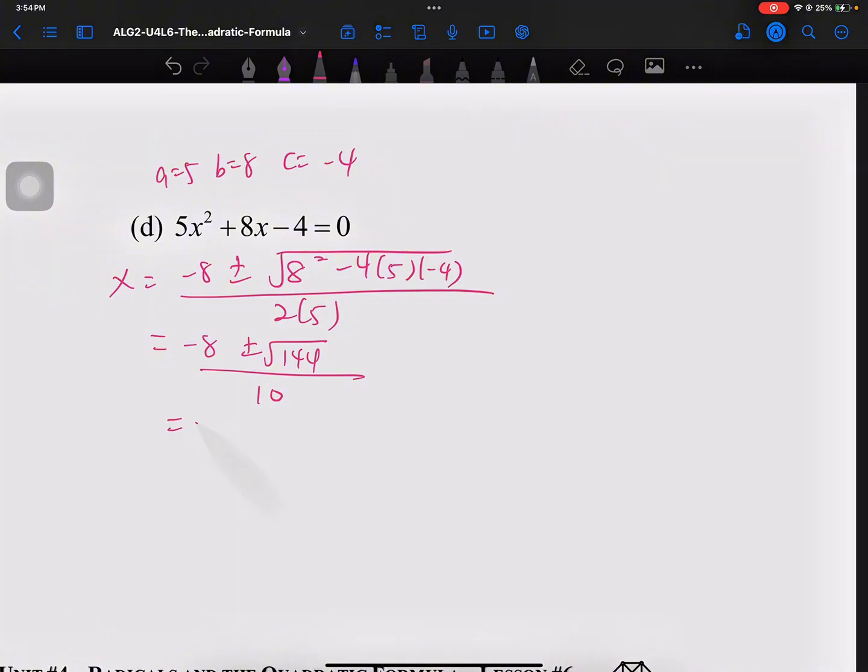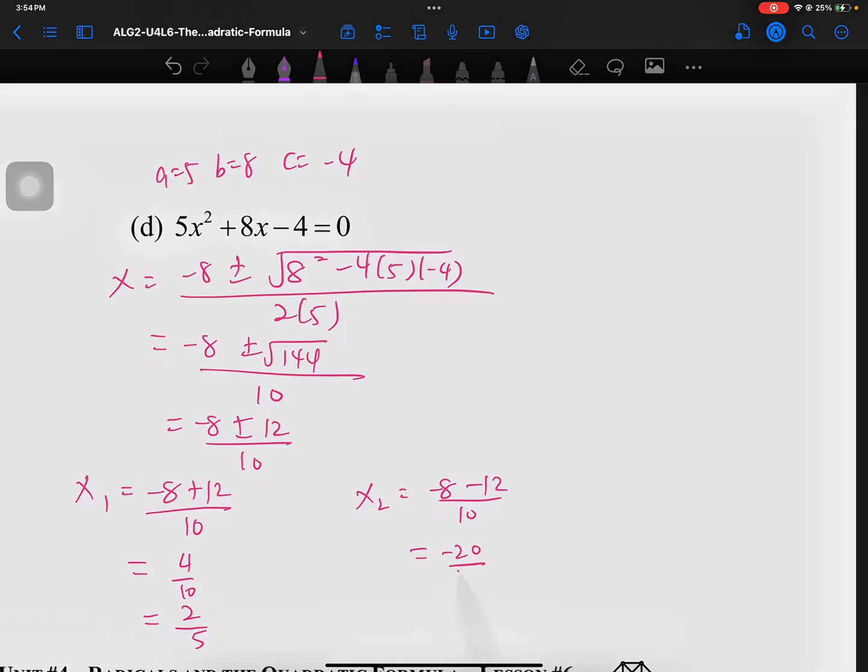The square root of 144 is 12, so plus or minus 12 over 10. So x1 is negative 8 plus 12 over 10, which is 4 over 10. Make it smaller, 2 over 5. x2 is negative 8 minus 12 over 10, which is negative 20 over 10. It is negative 2. So you have two different values here.